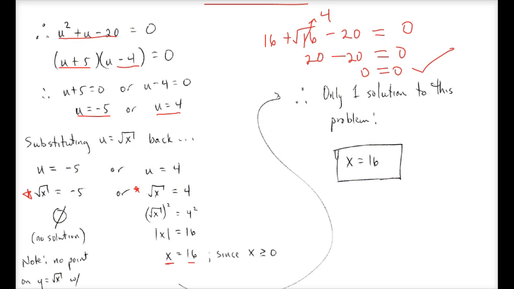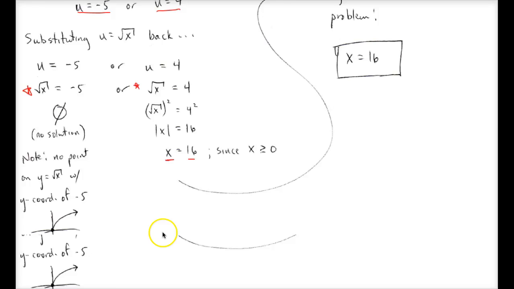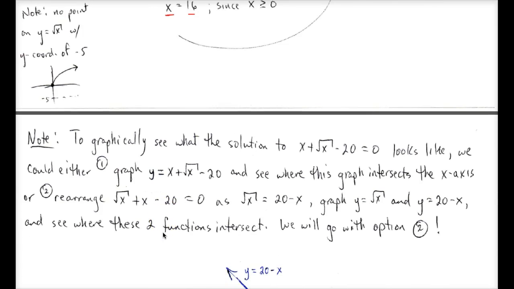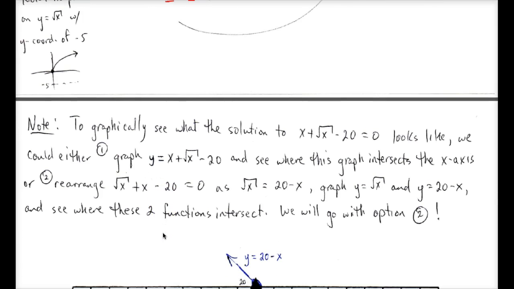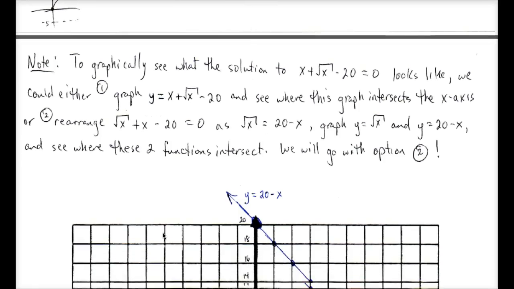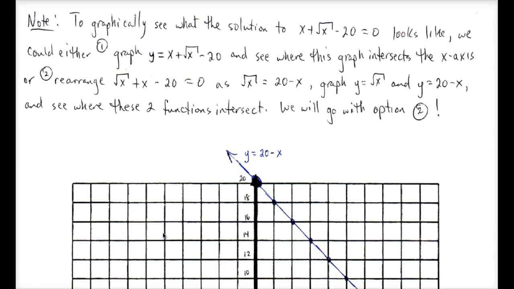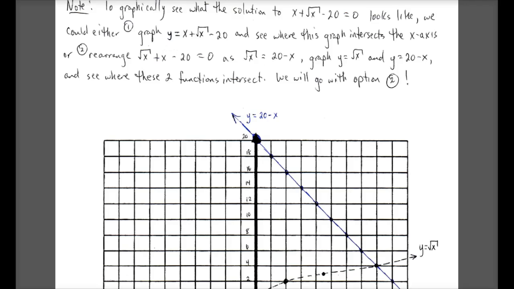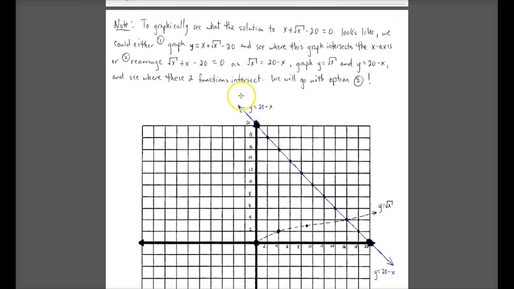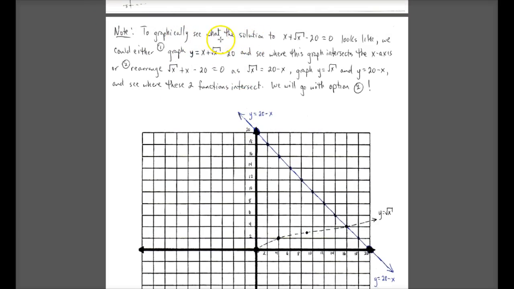Now what we're going to do is scroll on to the next page and show you how we could interpret this graphically. Here, I'll just shrink this so that we can see it again. To graphically see what the solution of this equation would look like, we could either graph this equation directly, or we could rearrange the equation to look like this.